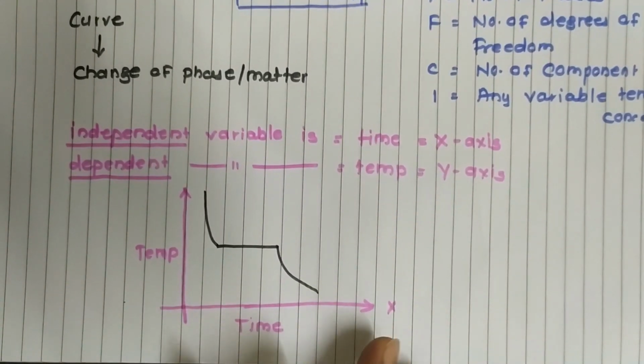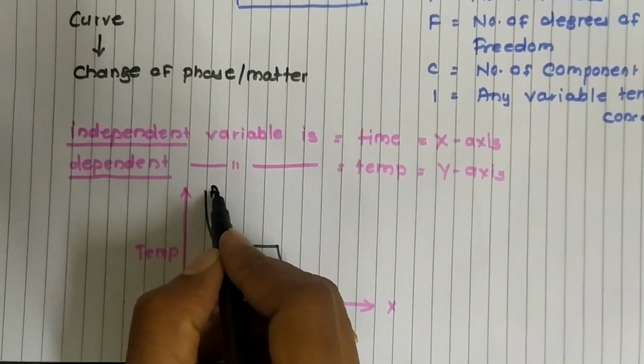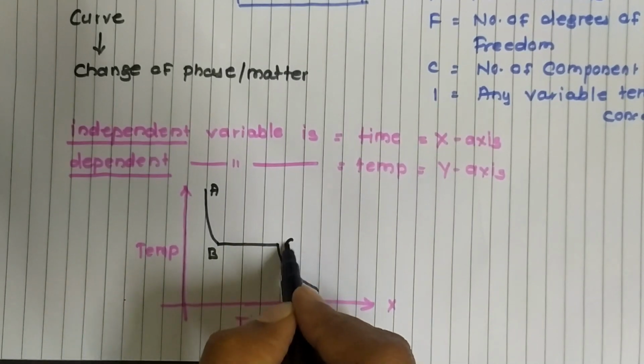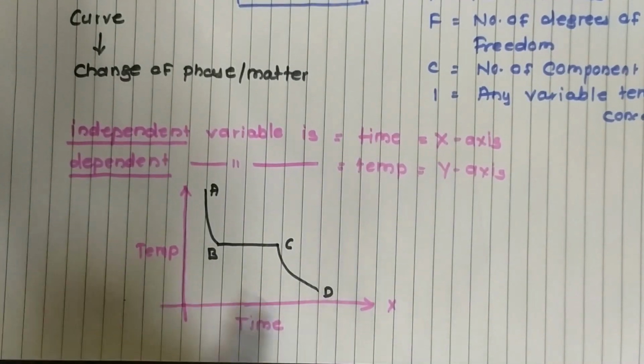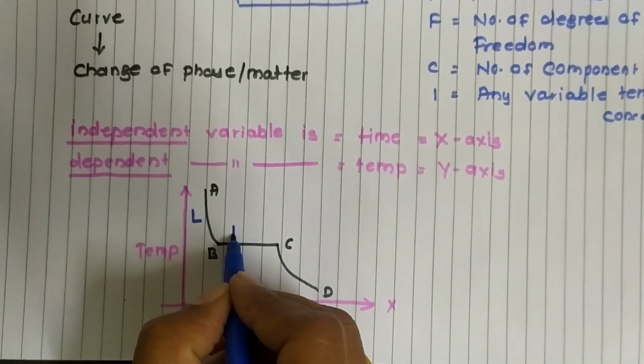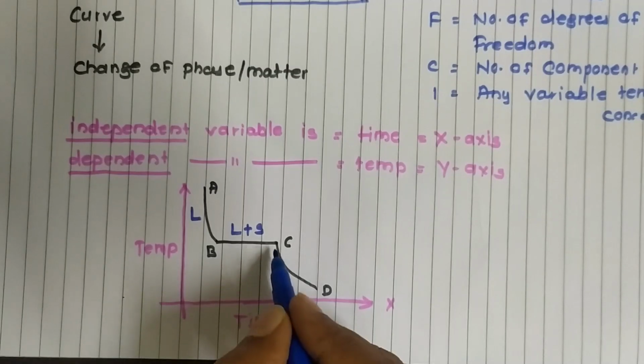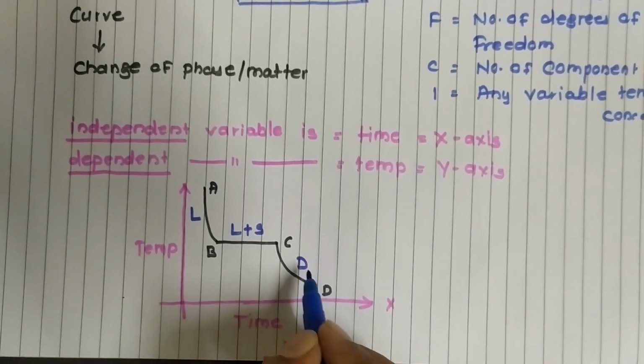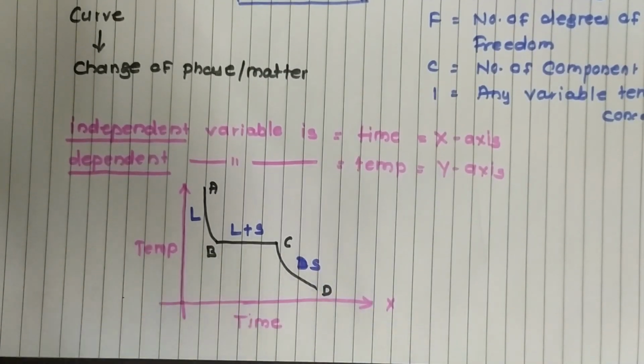Now in that case, from A to B, B to C, C to D. From A to B we are getting the liquid region, from B to C liquid plus solid, and from C to D we are getting the solid region.